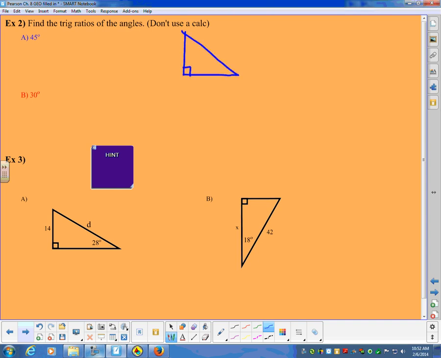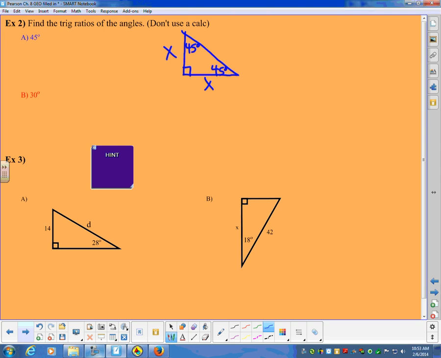If this is 45, then this is also 45, right? So if I have one 45-degree angle, the other has to be 45. If I call this x, what is this over here? x. And what is this? It is. But what is it in terms of x?